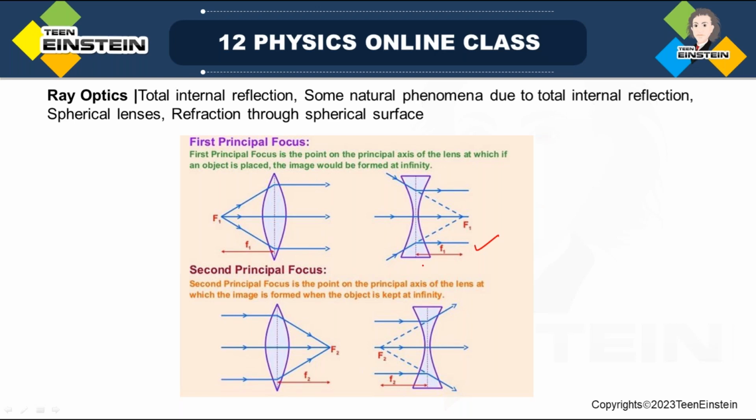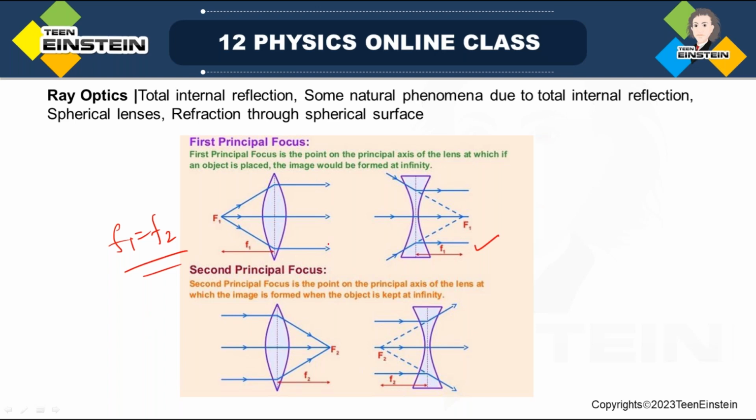Now the second principal focus is defined in the opposite way, just the reverse way. That means the parallel rays after refraction meet at F2, which is the second focus. Actually these lengths are also equal. If the radii of curvature are equal, then F1 and F2 are both equal in length.